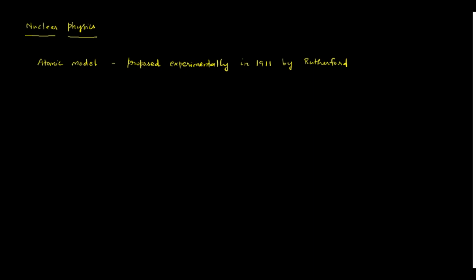Through what experiment? That experiment is the alpha scattering experiment. The conclusion from that experiment is that an atom consists of two things. One is called the nucleus, and it has electrons.